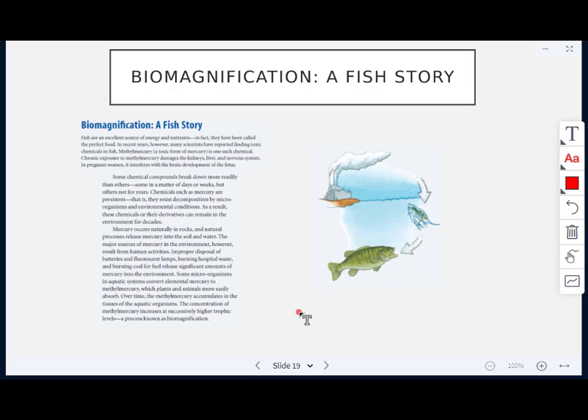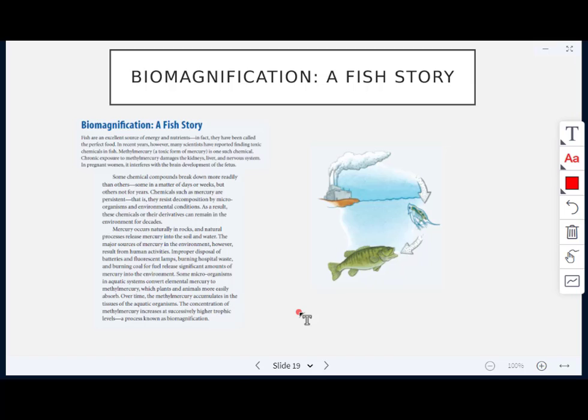But the toxic form, methyl mercury, is coming from human activities like improper disposal of batteries, fluorescent lamps, burning of hospital waste, and burning coal for fuel. It releases a significant amount of mercury into the environment.